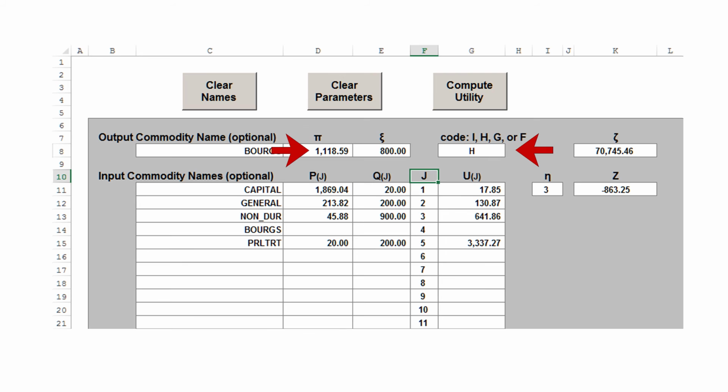The price to be entered for a household sector is its wage rate, but the output rate is the household's consumption of leisure time, which is recorded at the intersection of a household's row and column in the input-output structure. A household's consumption of its own product is not to be entered among the inputs for which utility parameters are to be computed.